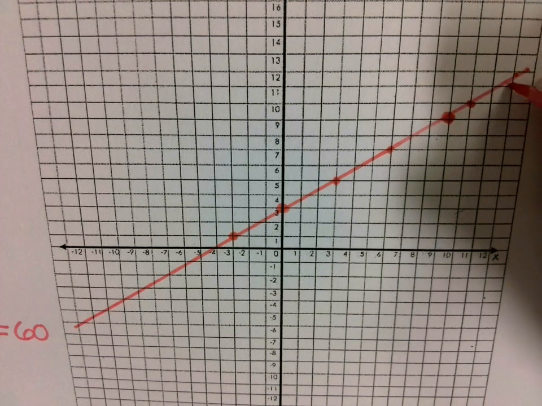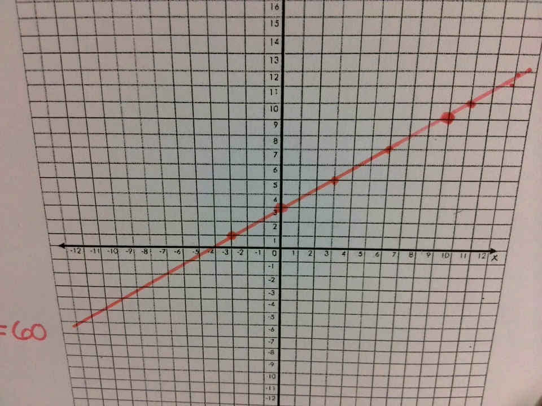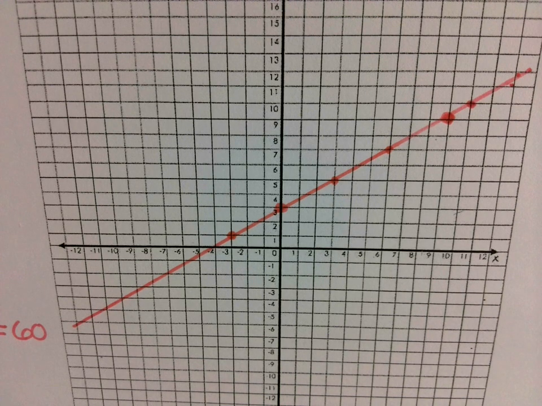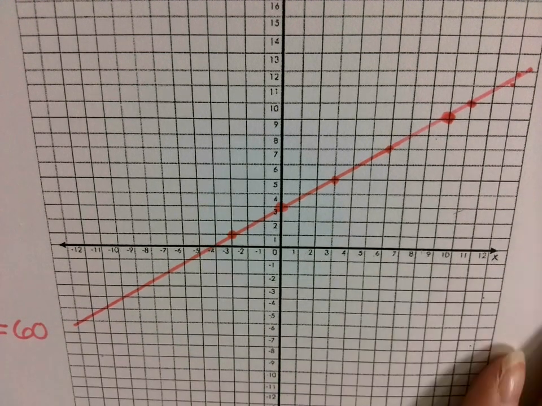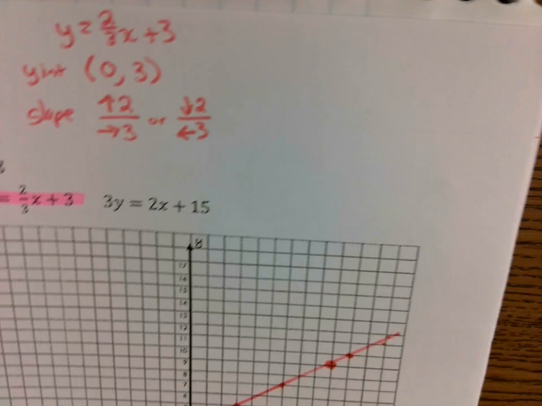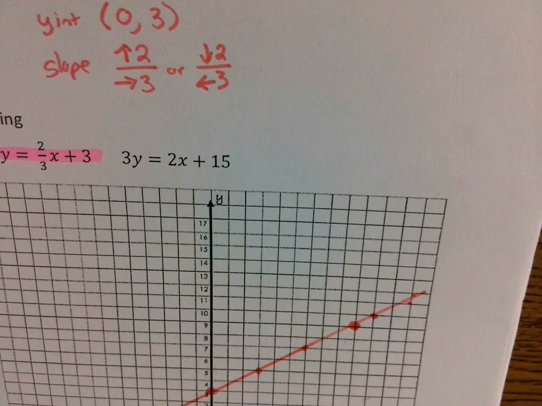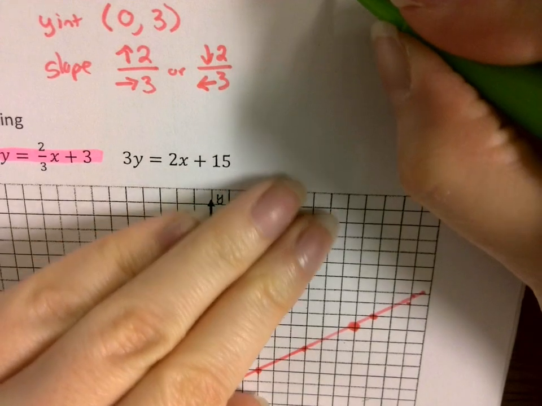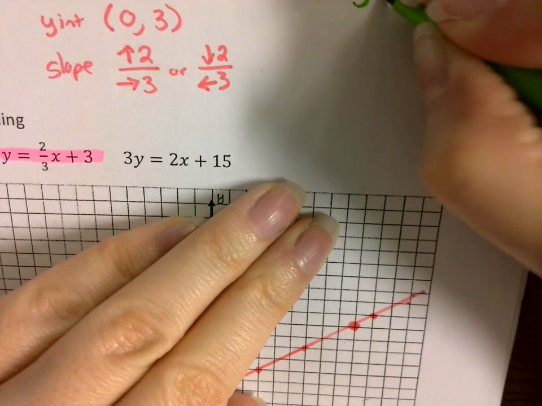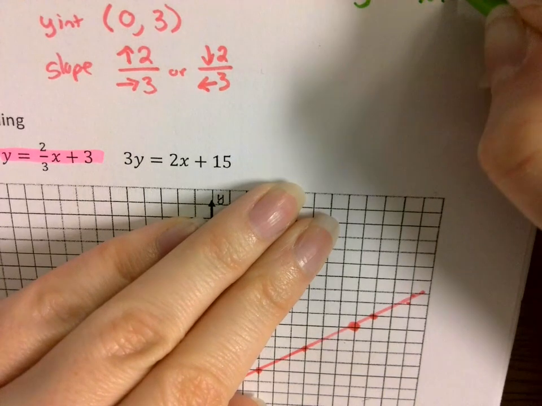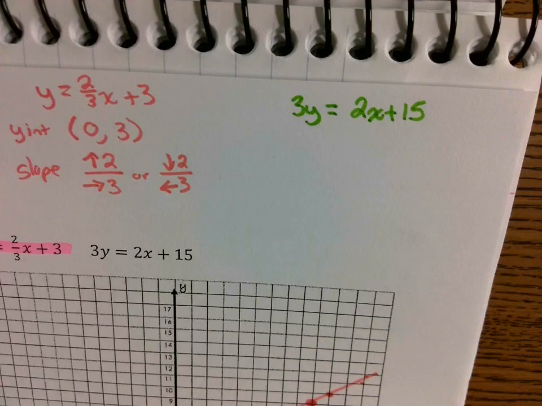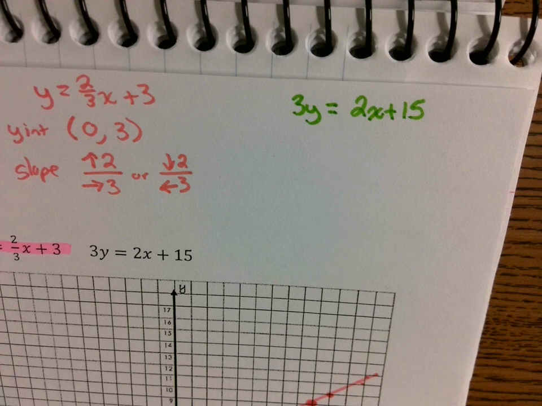Okay. Now, for my next line, we have 3y is equal to 2x plus 15. So for 3y is equal to 2x plus 15, I'm going to go ahead and rewrite this problem so that my y is by itself.